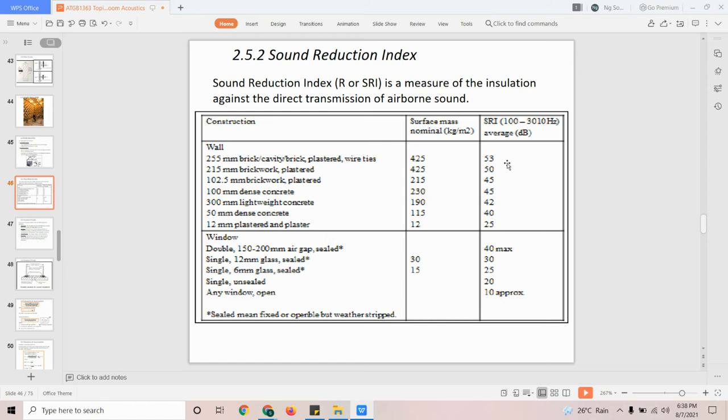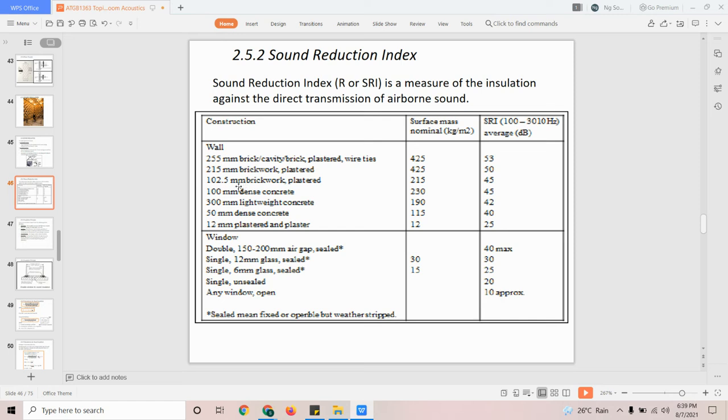With this sort of configuration, the wall is able to provide very good insulation against airborne sound. If you build a wall that thick, with cavity or empty air in between, any sound trying to travel through this wall is greatly reduced on the other side.